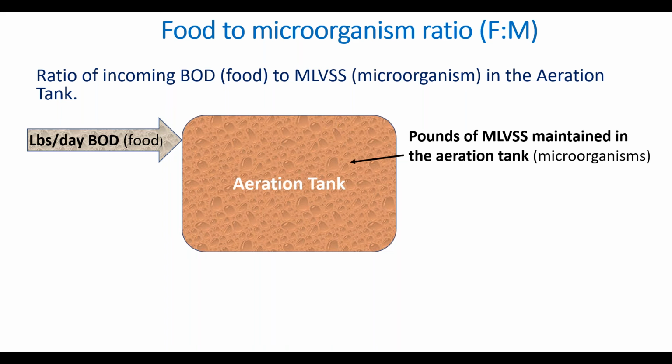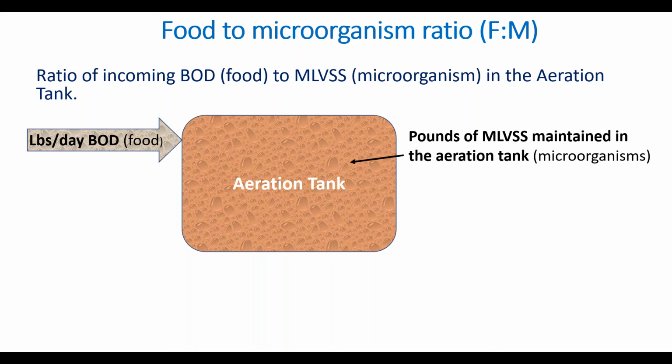And our microorganisms are the pounds of mixed liquor volatile suspended solids, or the microorganisms that are in the aeration tank. The mixed liquor volatile suspended solids are somewhere between 0.6 and 0.8 of the mixed liquor suspended solids. That represents the portion of the mixed liquor suspended solids that's the microorganisms.